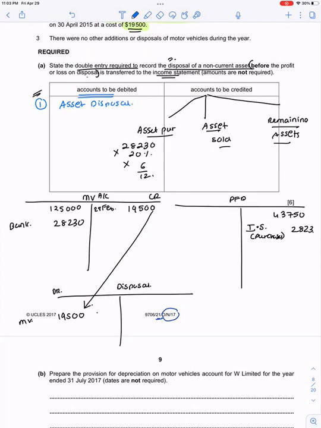Which account is credited? Motor vehicle account, the asset account. So the disposal account is debited and the asset account is credited. Both are happening at cost. Are you with me?